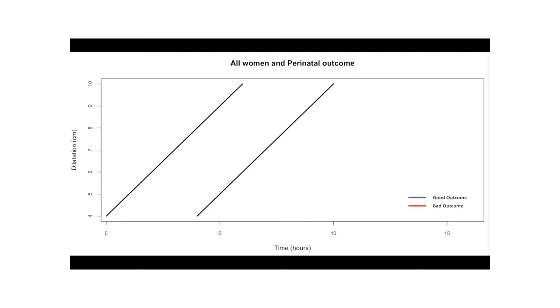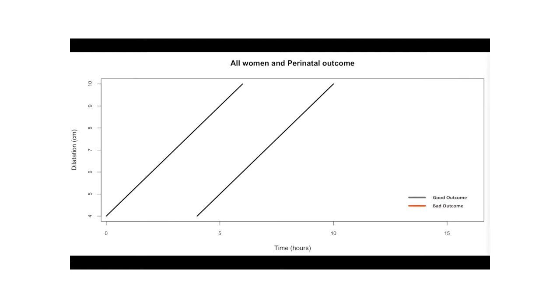And I'm going to show you this graph. There is the warning line or the alert line and the action line as would be in the traditional partograms. And it's first going to show you the good outcomes in grey, and then superimposed on that the red outcomes. And as you will see in the end, there are many women in the grey area here with a good outcome, but with a very long labour, which would have received caesarean sections most likely in our setup because they crossed the action line.